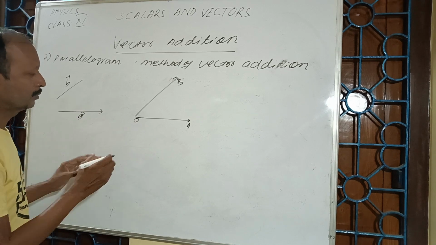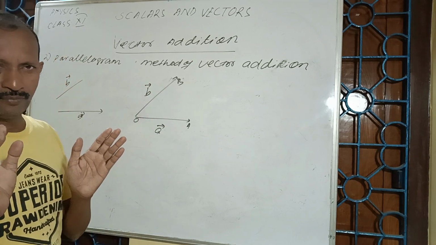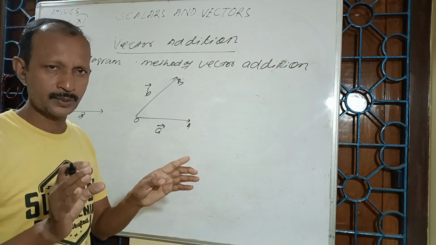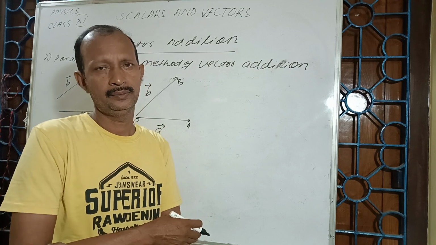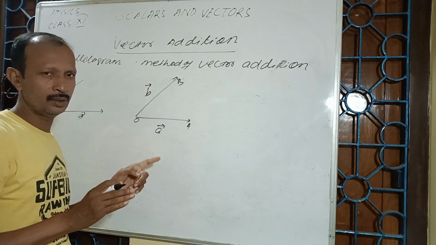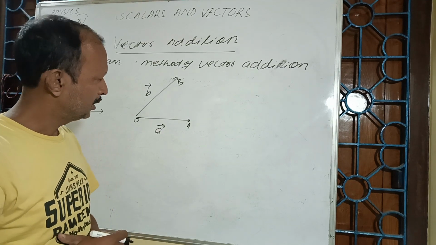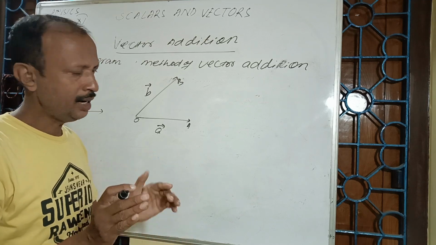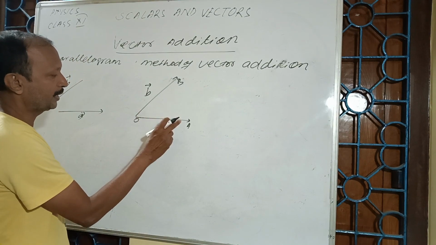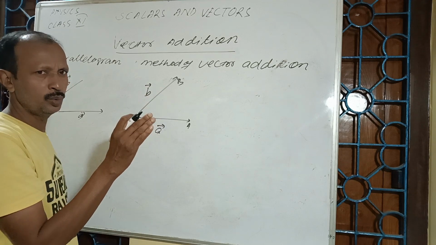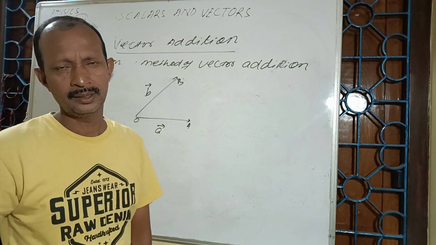These two vectors, for example, this is the vector A, this is the vector B. In my previous explanation, I explained by taking it as the two sides of a triangle. Now I am taking it as the two adjacent sides of a parallelogram. There is not much difference. That is the triangle, this is the parallelogram. So, if the two vectors are represented by the two sides of a parallelogram, then what will be its resultant vector?